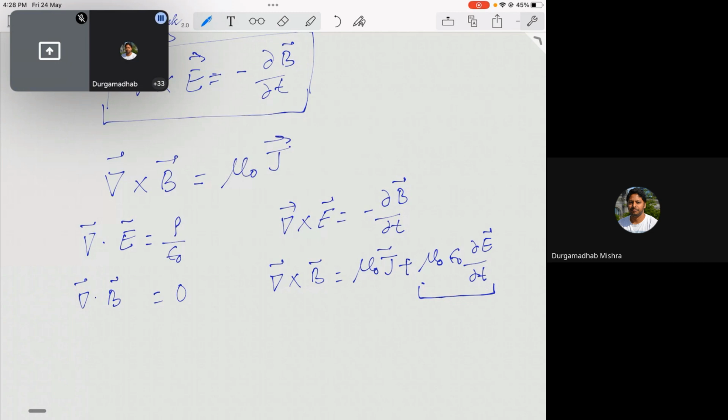Intuitively, you can think that in Faraday's case, a changing magnetic flux or a changing magnetic field produces an electric field. So is the opposite possible? That means, can a changing electric field also produce a magnetic field?